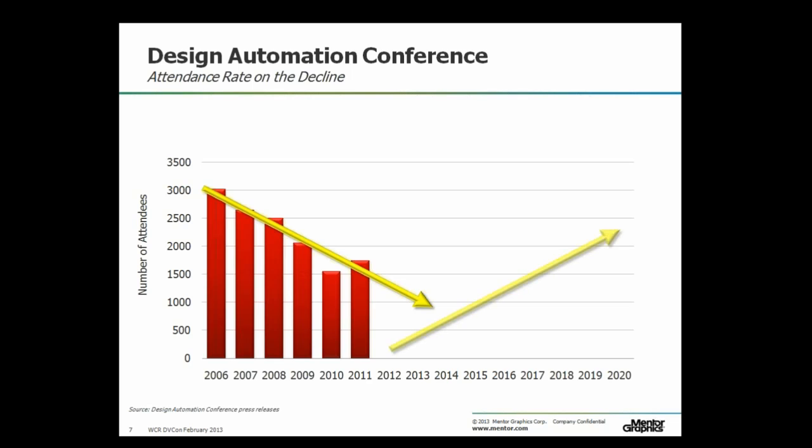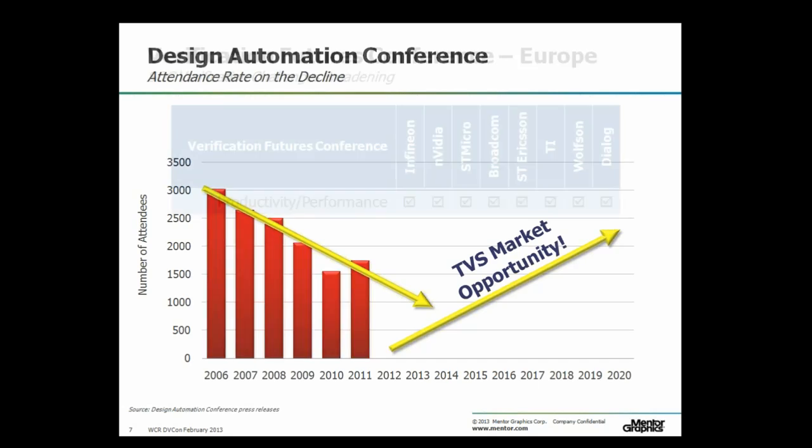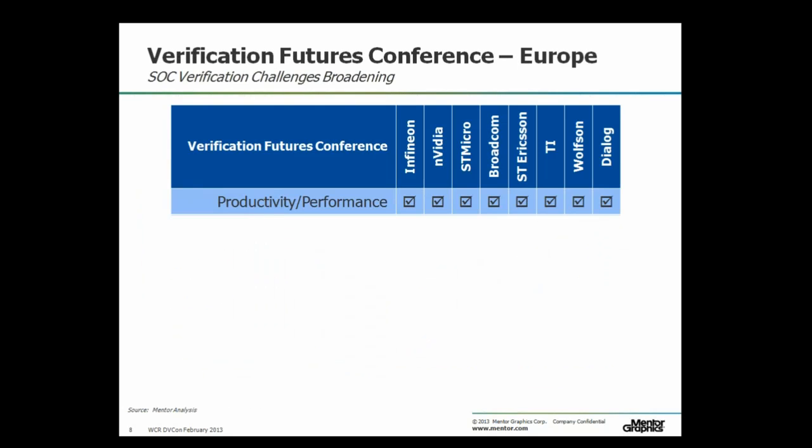So Mike, what this means for you here is that this shows our estimated growth opportunity of the TVS market opportunity in the Verification Futures Conference as more and more effort or energy is put around verification. So thanks for leading this effort and giving us a forum so we can exchange ideas and technology.